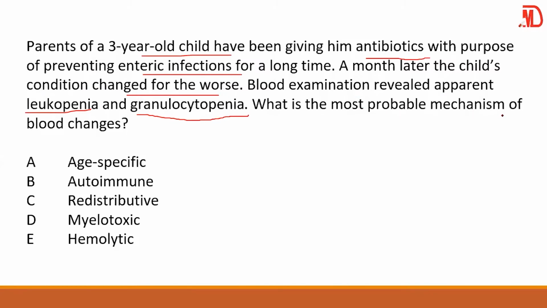The mechanism is that because of the frequent giving of antibiotics for a very long time, this could lead to a suppression in the bone marrow, also known as myelosuppression, or myelotoxicity.